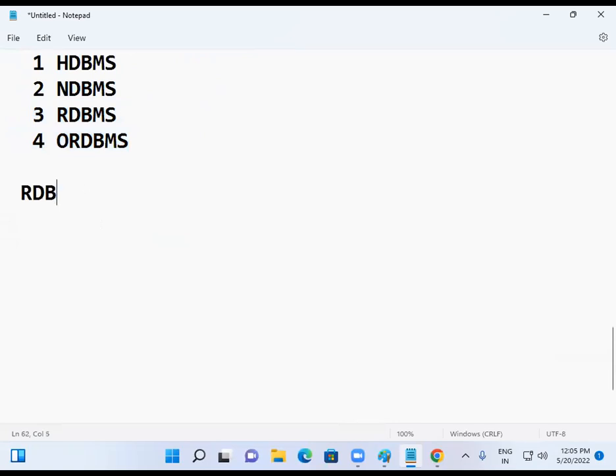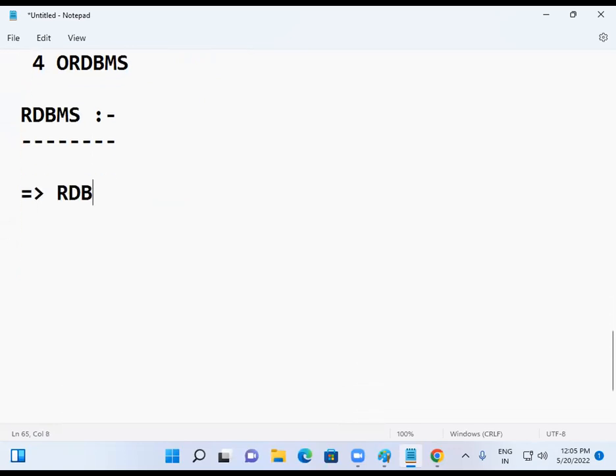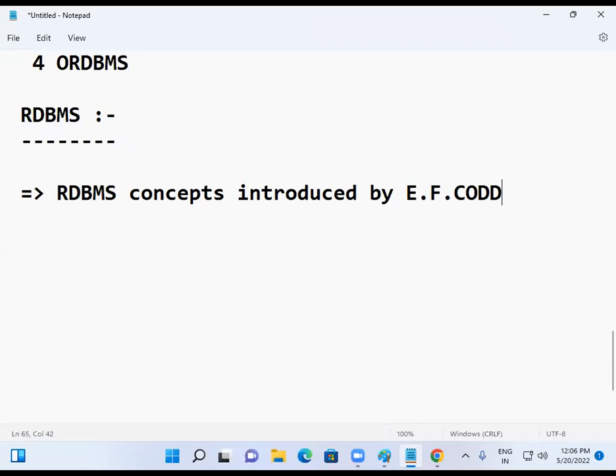So we'll start with RDBMS, then RDBMS concepts. RDBMS concepts were introduced by E.F. Codd.